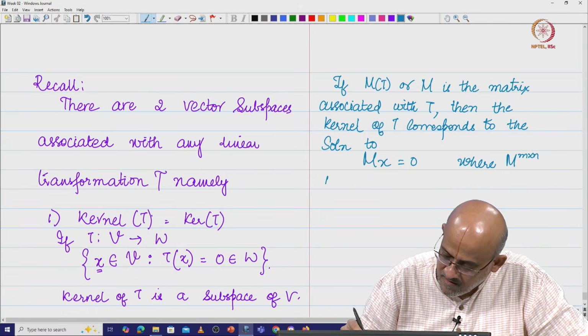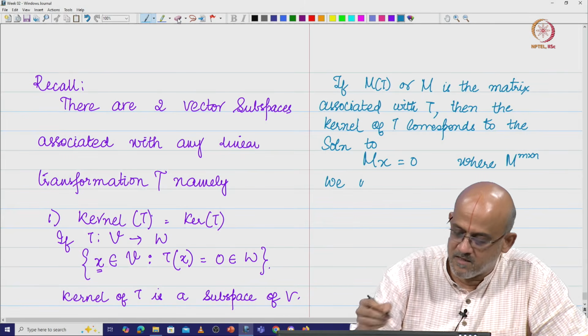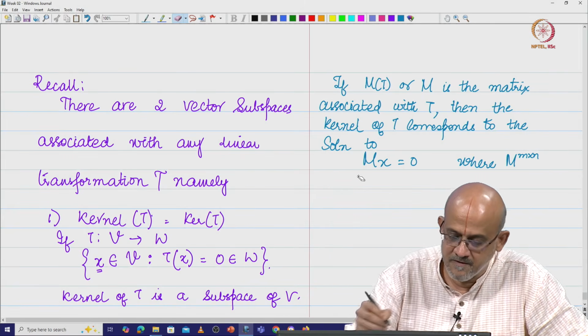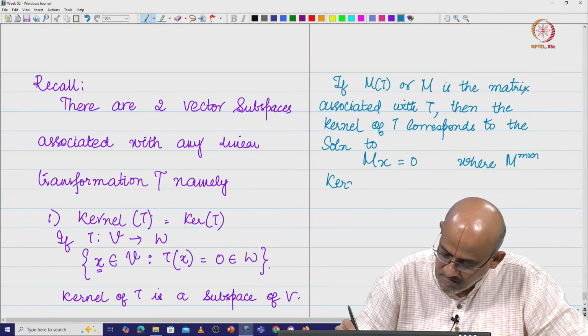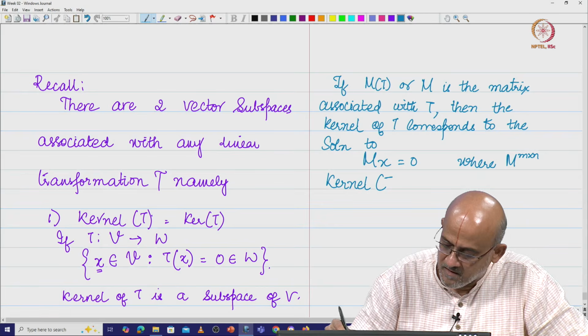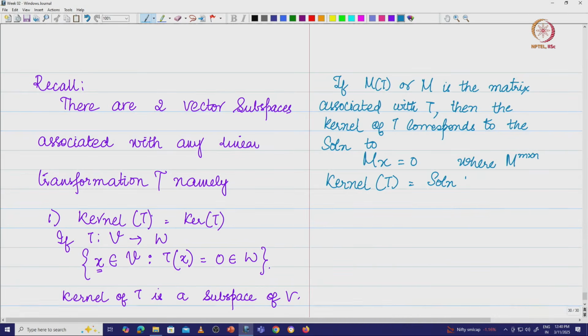That means we want the kernel of T. So here, the kernel of T is nothing but the solution to the homogeneous system of equations Mx is equal to 0.